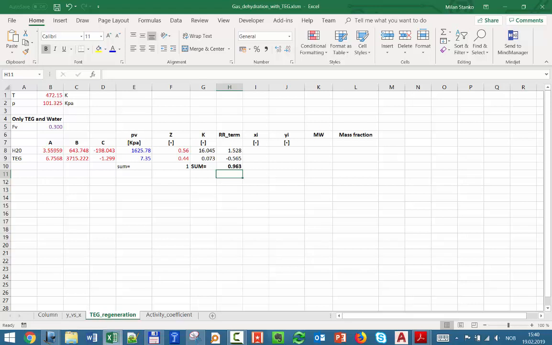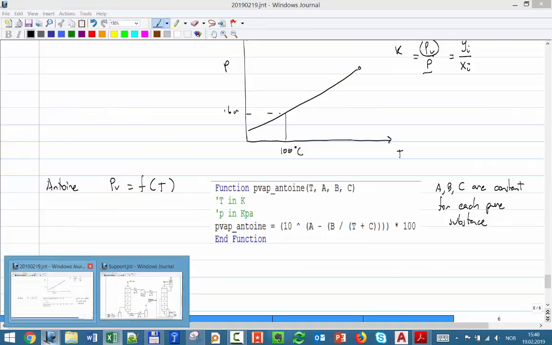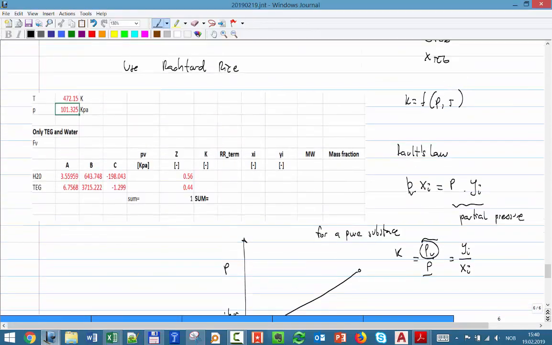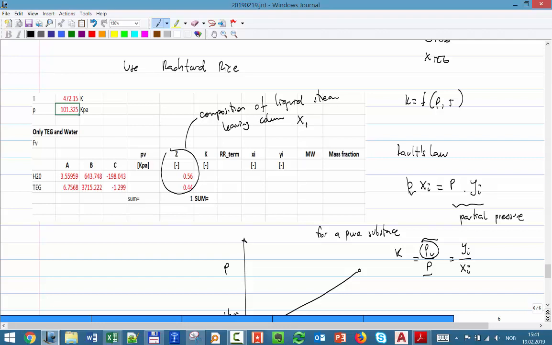Also one thing, what composition do we have to use here? That is a composition of the TEG leaving the column, right? So what I have to use here should be the composition of the liquid stream leaving the column. That means that here I need xn. That's what I need. And how much was that for our exercise?